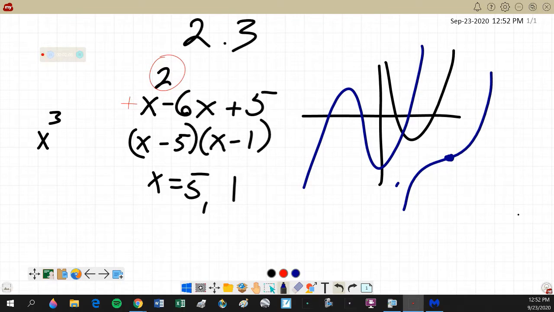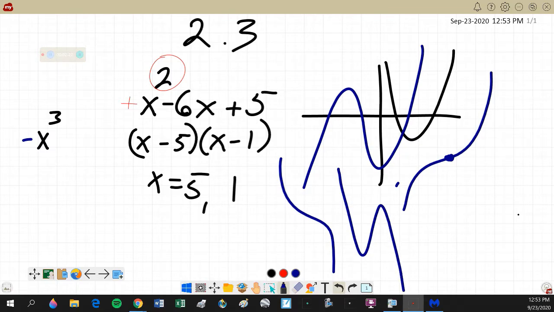And what if it was a negative x to the third? Then it would look like either like this, or like this.